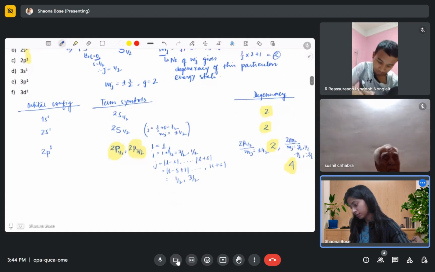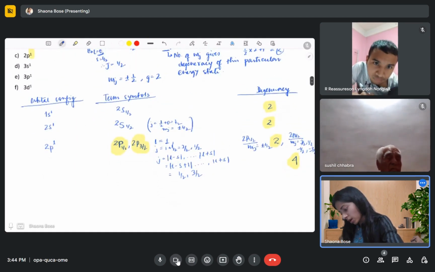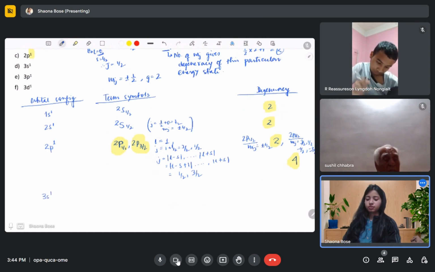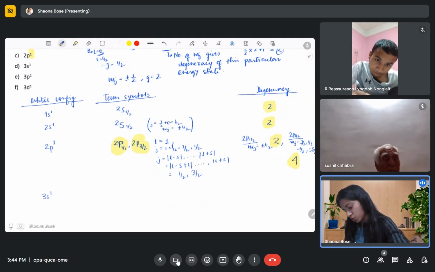Okay, so the third one, 3s1. You can see once again the term symbol will be just 2s half.